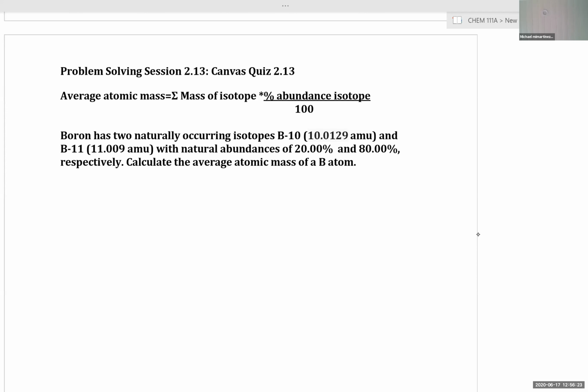It's 20 and 80 separately. You plug in the percent abundance of each isotope and you multiply the mass of each isotope by the percent abundance of that specific isotope. It's two parts to the same problem, so it's two different calculations that you add together to get your average atomic mass.